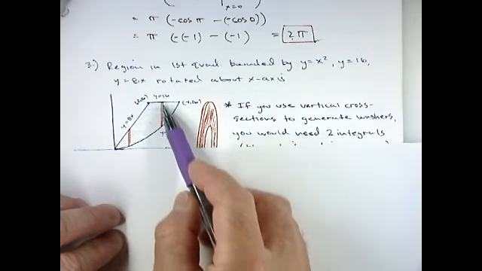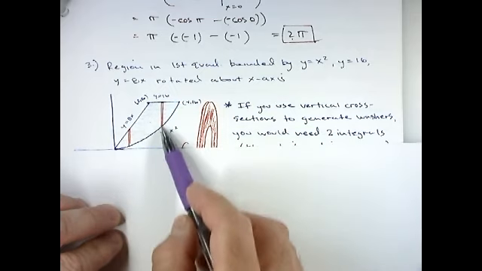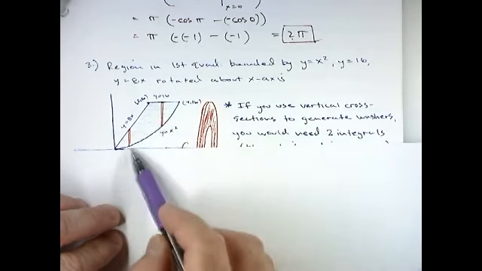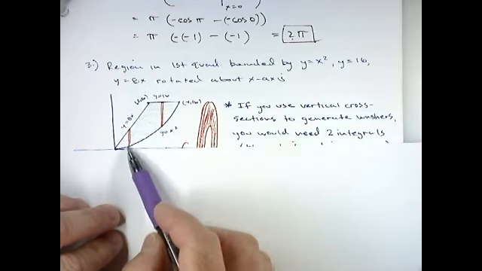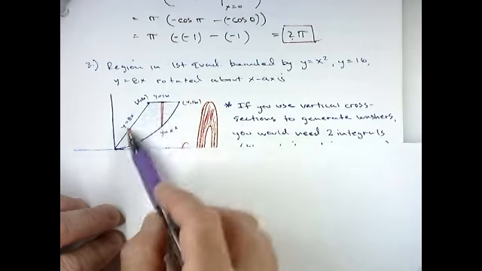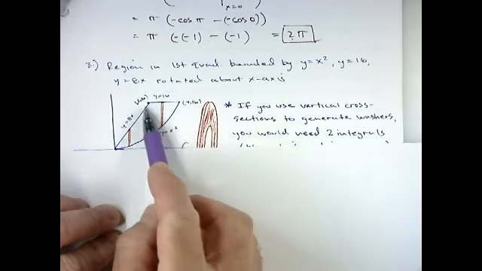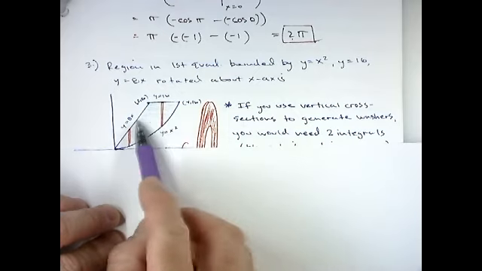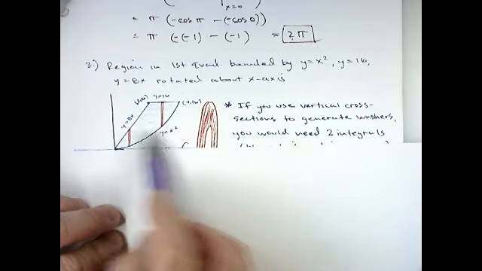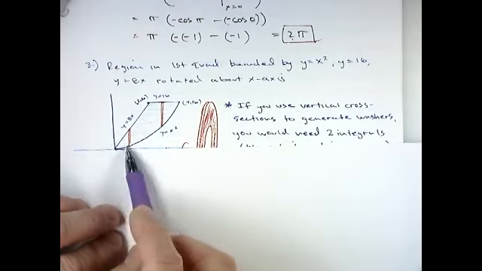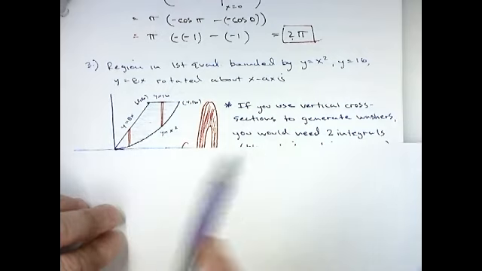Hopefully you can see vertical rectangles would not be the best because you have a different top function, right? Every vertical rectangle hits the parabola on the bottom, but it depends on where you are for what your top function is. So it would be much better to use horizontal cross sections because you'll always be bounded between the same two functions throughout the region.